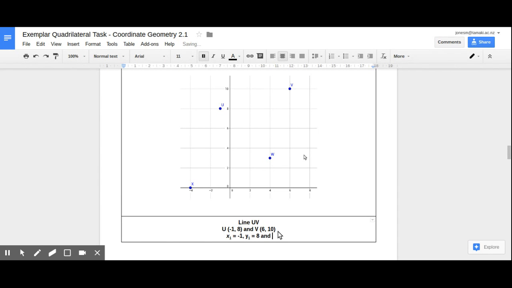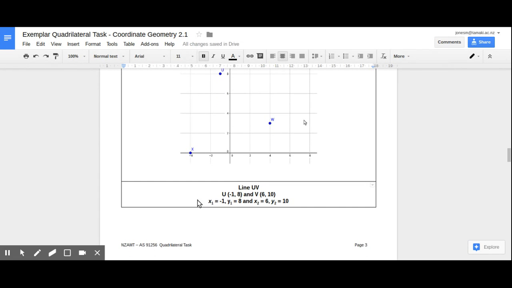And then we have our x2 is equal to 6, and then our y2 is equal to 10. Okay, so we've got our x1, our y1, our x2, and our y2.